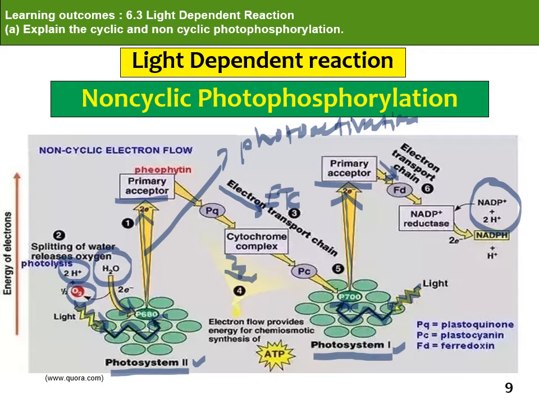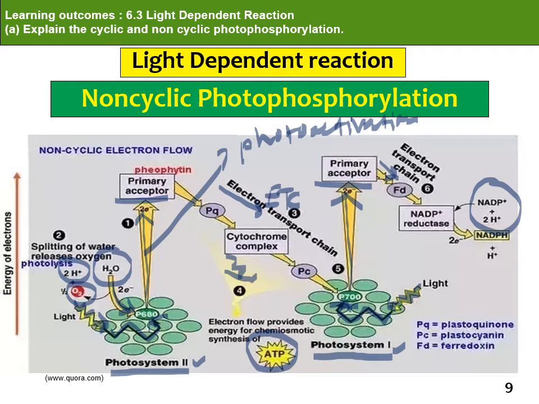So this energy akan digunakan untuk bind ADP and inorganic phosphate to form ATP. So kalau nampak kat sini, kita hasilnya ATP. Okay, so kalian lihat pada photosystem tu dia ada ETC ni sendiri, dan begitu juga akan berlaku pada photosystem 1.